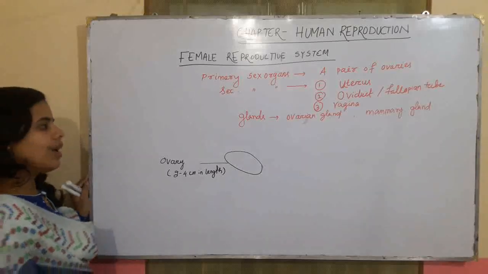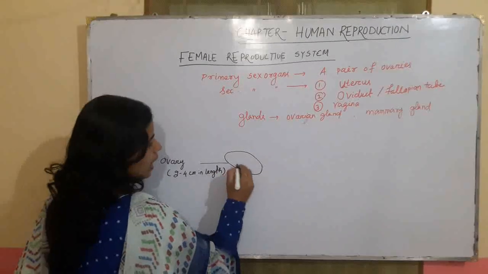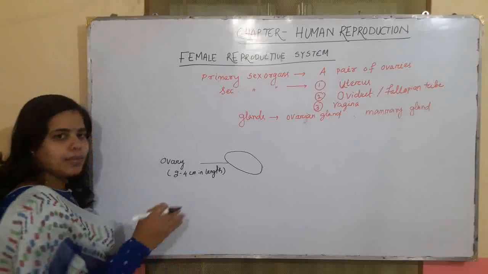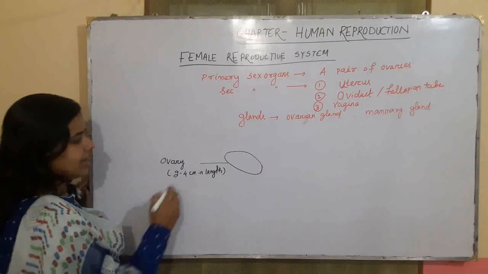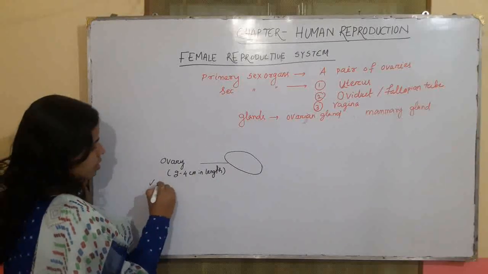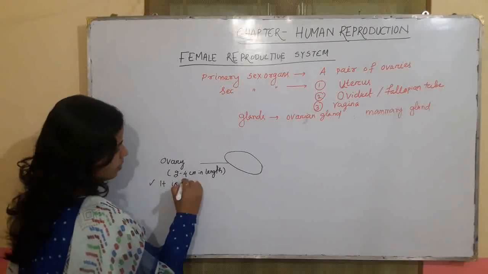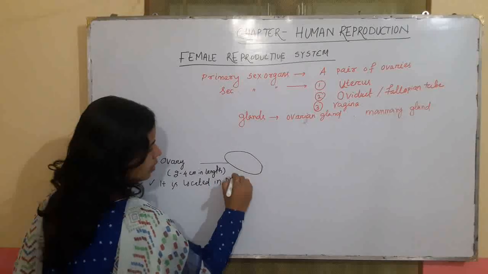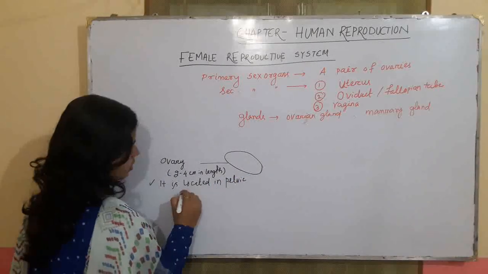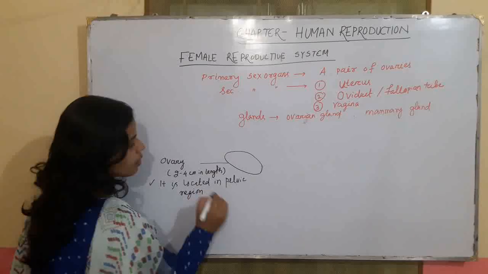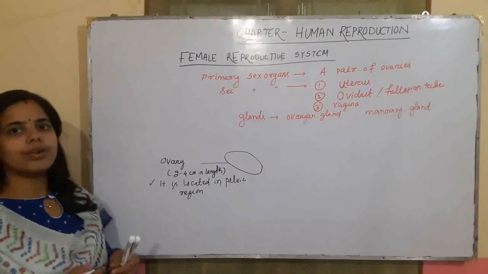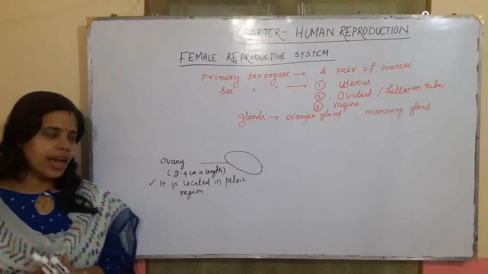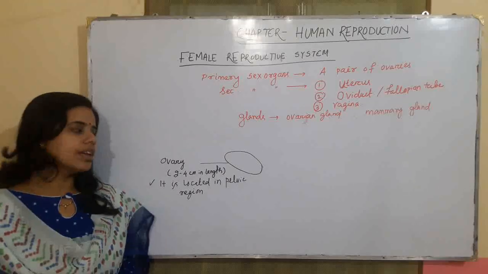It is present in the abdominal cavity, or you can say the pelvic region. See, in the case of the testes, they have to be located outside of the abdominal cavity.